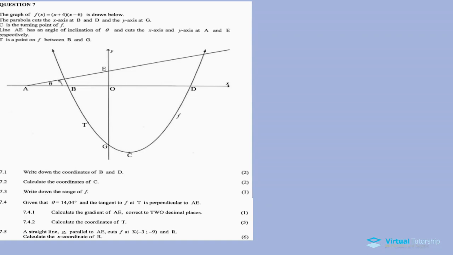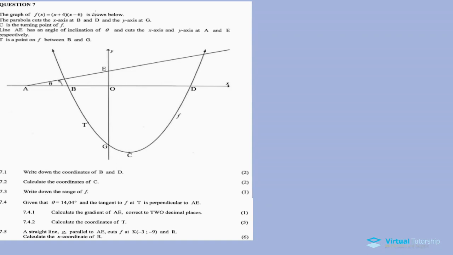And then line AE has an angle of inclination of theta and cuts the x-axis and y-axis at A and E. So this is the straight line with the angle of inclination. The line will cut at points A and E, which are the y-intercept and the x-intercept. T is a point on f between B and G. 7.1, write down the coordinates of B and D. This is a giveaway.